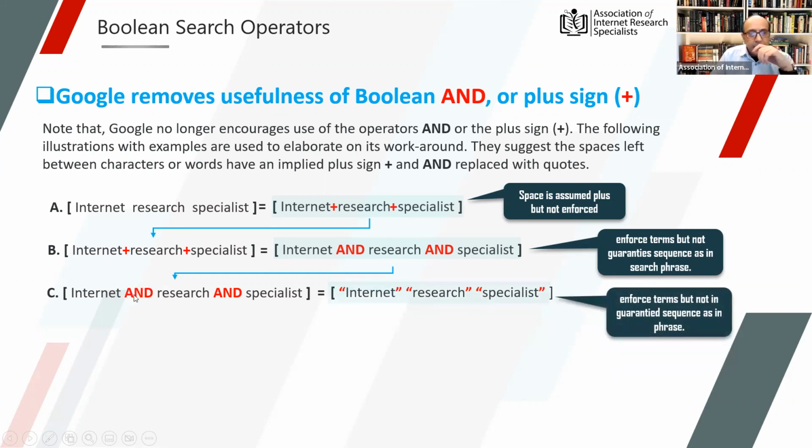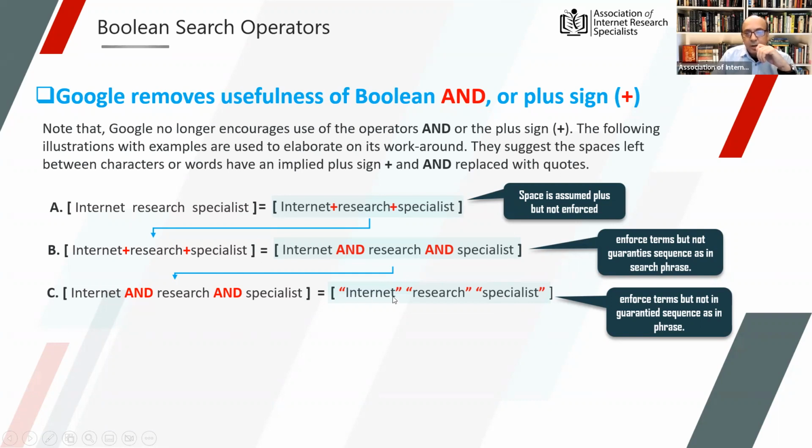In C, AND is not replaced but rather eliminated totally. And individually, the three words are enclosed as if they are to be specifically present, in the same way as we looked at when we did internet AND research AND specialist.